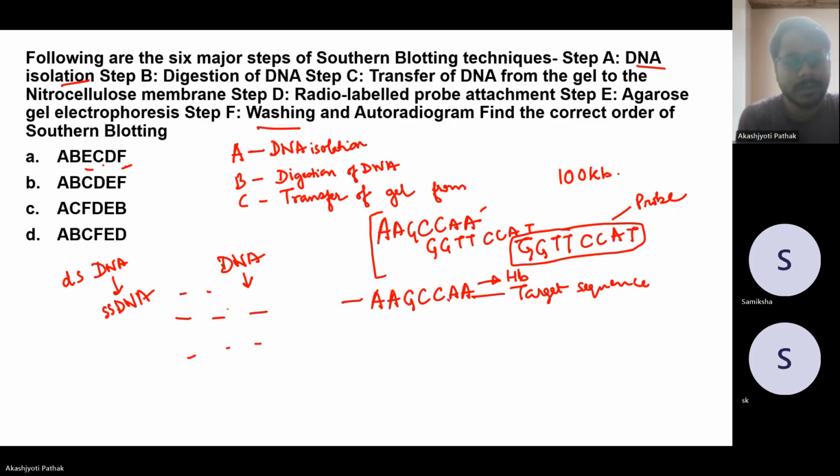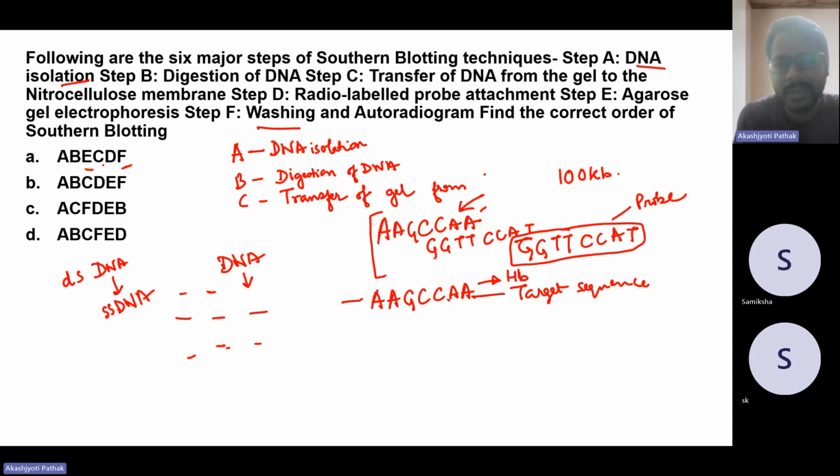Okay. So there will be multiple DNA bands, and this is the particular DNA sequence you want to identify, whether it is present in your genome. So this is not actually the target sequence. This is any other sequence which is present.